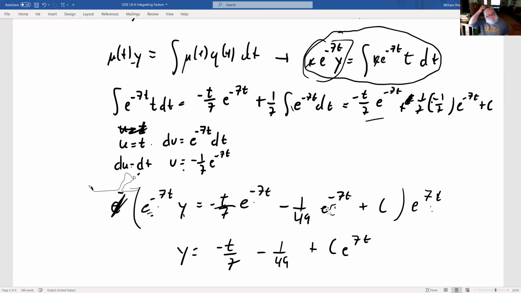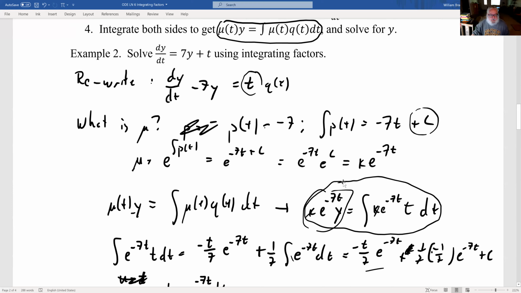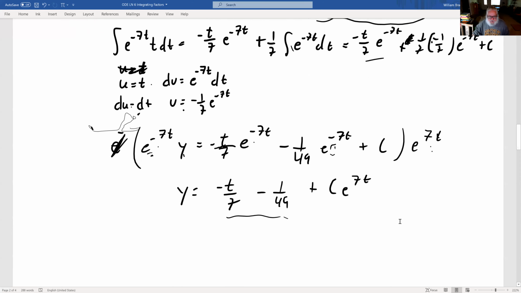And there's our solution. You can check that with GeoGebra and look at the slope field and see what it looks like. Notice that if c equals 0, you get a straight line solution. That's a nice thing. So that solves this differential equation using integrating factors.